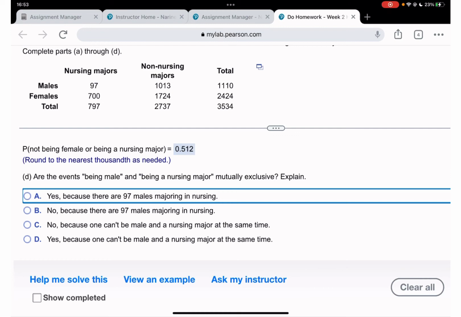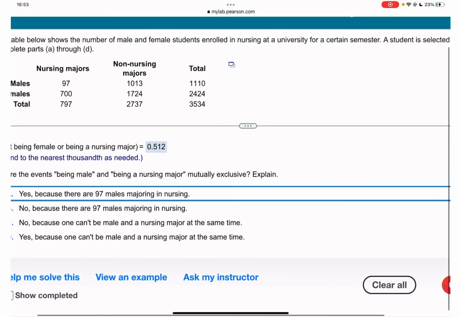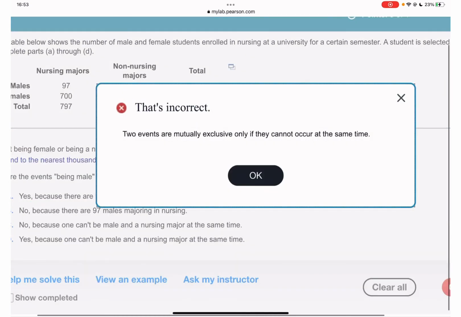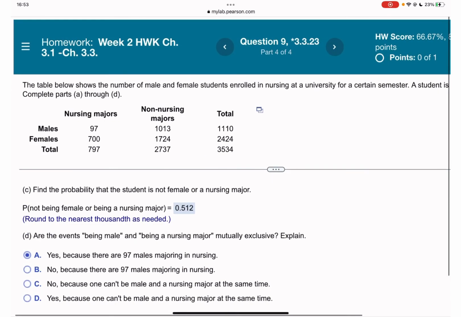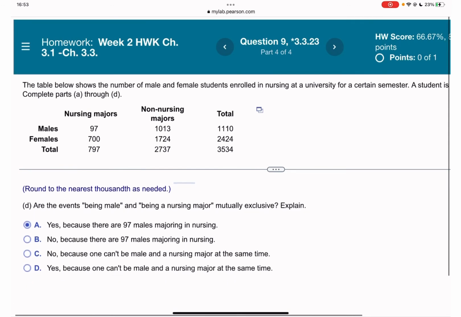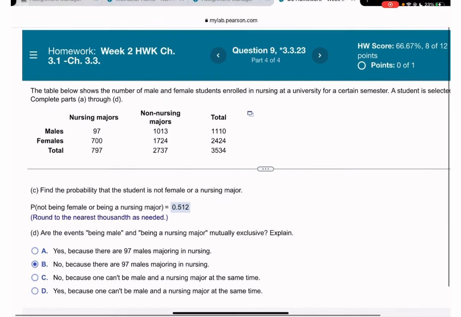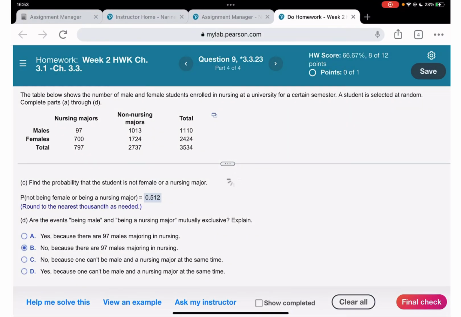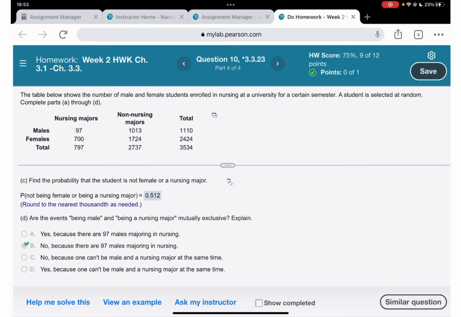So it's going to be no, because there are 97 males majoring in nursing. I put yes, okay, no, the opposite, this one. I said no because they are not mutually exclusive. Sorry, I just pushed the wrong button. Next question.